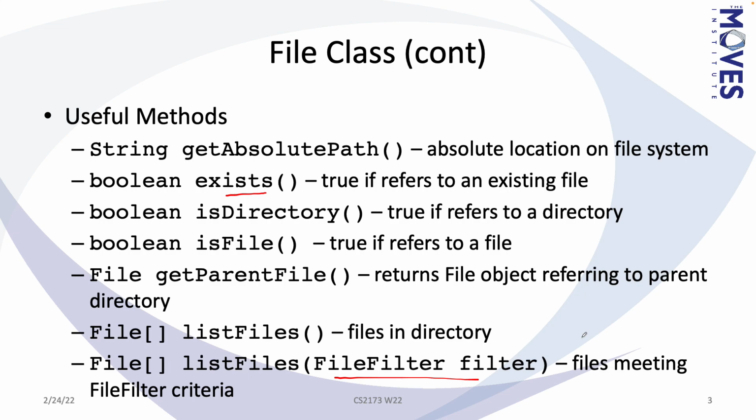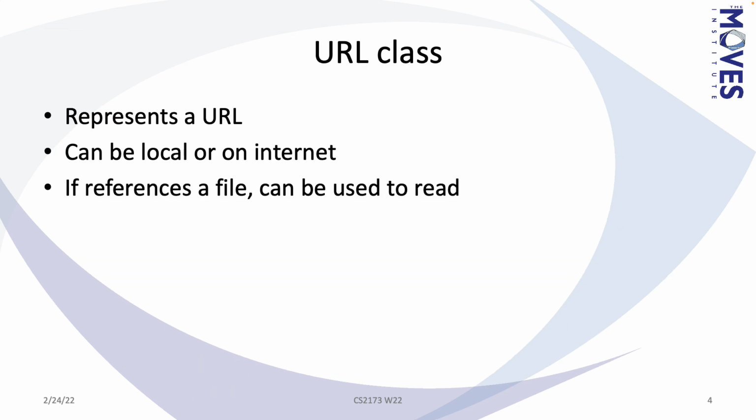But the filter will typically work on the extension. So if I have a file whose extension is .docx, then I assume it's a Word file. That doesn't have to be the case. You can name a file anything. But okay, so those are some things you can do with a file.